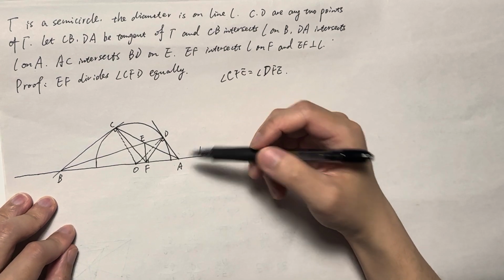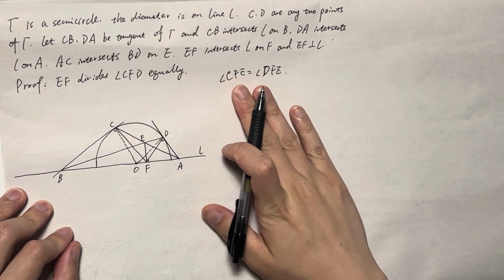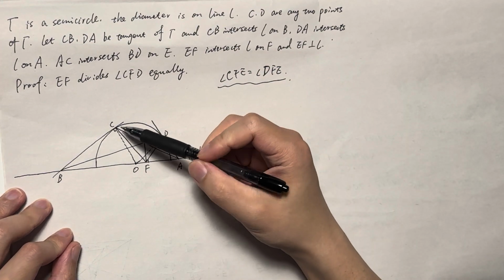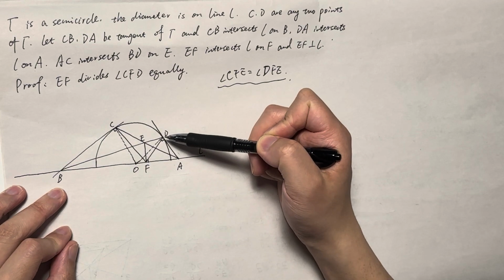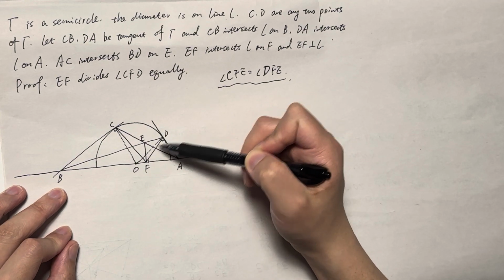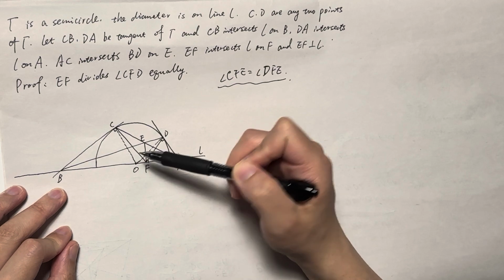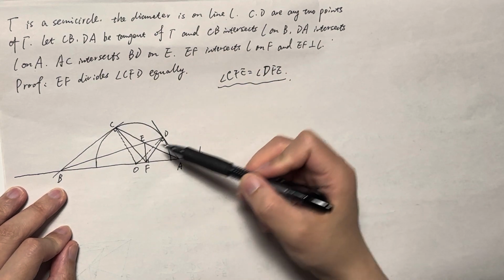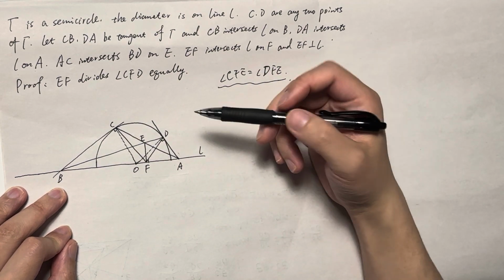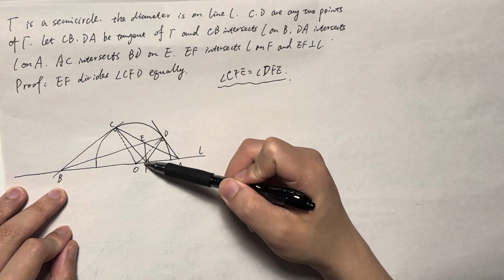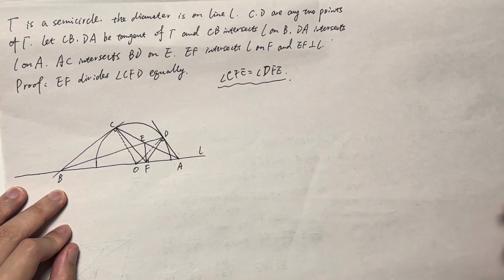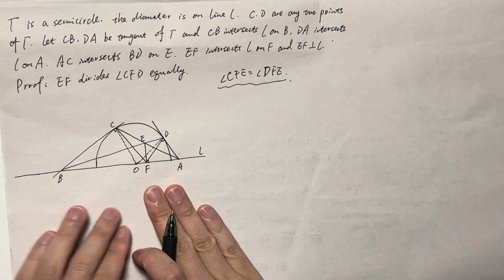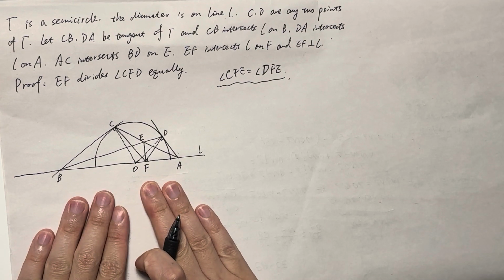So we have this problem, and we want to prove a relation between two angles. We have the condition of two tangent points, which means we should directly connect them to the center O, where we get CO perpendicular to CB and DO perpendicular to DA. We also have another perpendicular: EF is perpendicular to line L. What can we use from these conditions?